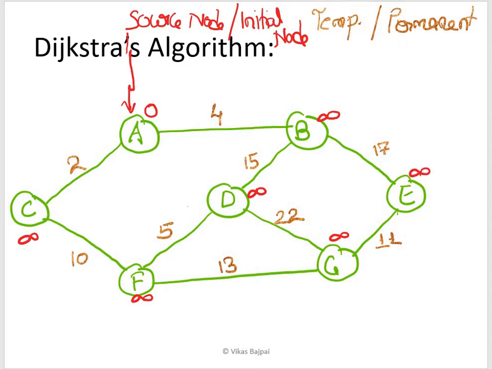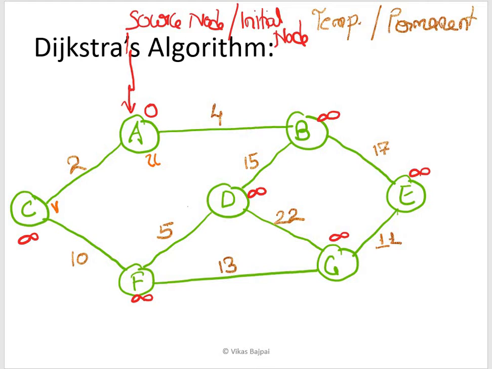So what the formula says is that if, let's say, this is the U node and this is the V node, V is the vertex which is to be reached.